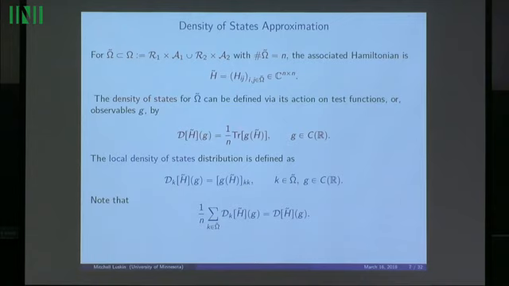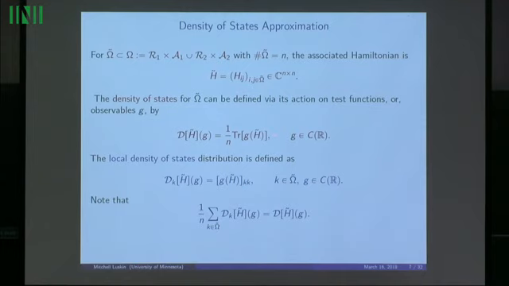So d of H tilde is the density, and we apply the density to a function g. It's the sum of g of the eigenvalues, and this is how we would normally compute the density of states.